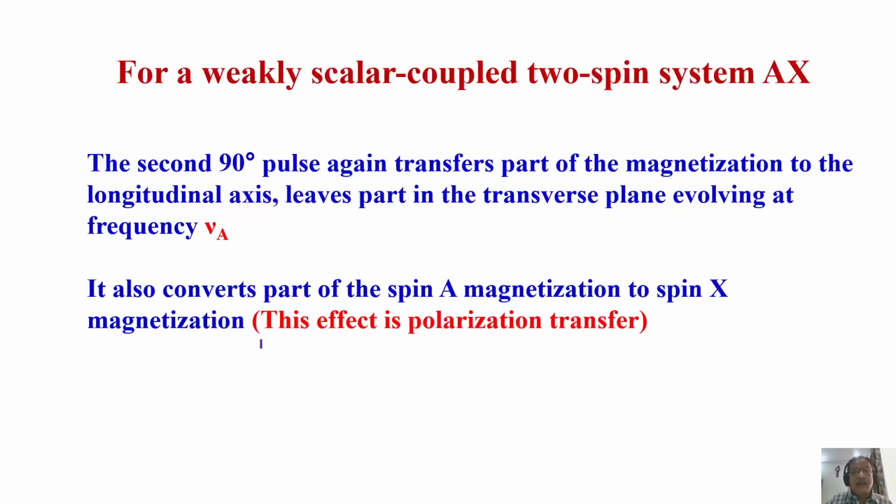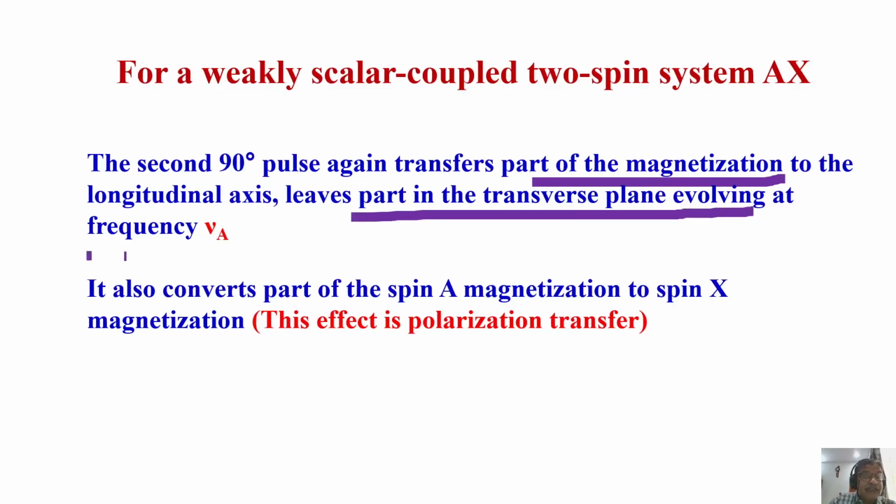Now, what happens to the second 90-degree pulse? It again transfers part of the magnetization to the longitudinal axis, which I said earlier, and leaves part in the transverse plane, evolving at the same frequency nu A. Remember, the magnetization is already in the transverse plane.